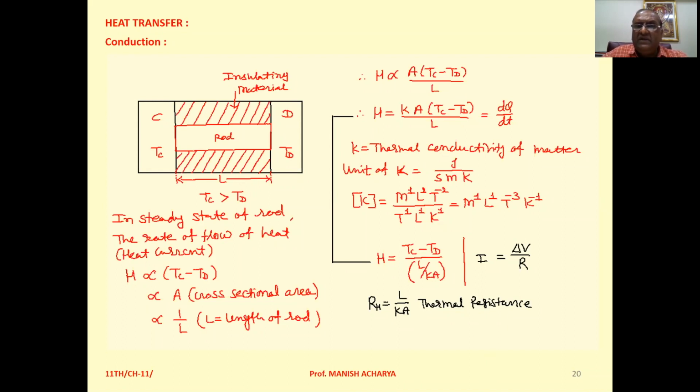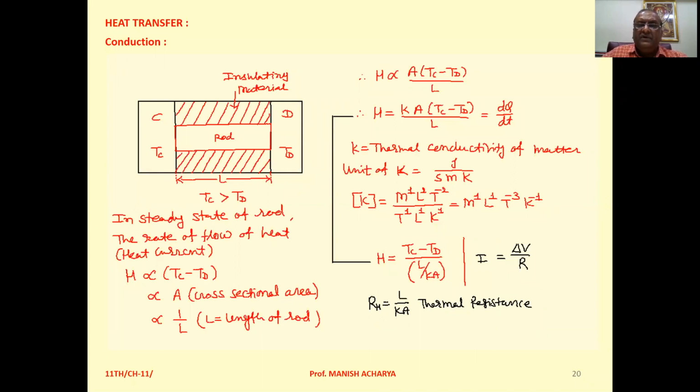Here we can observe that substances for which the thermal conductivity is large are very good conductors of heat, and substances which are very good conductors of heat are also good conductors of electricity.